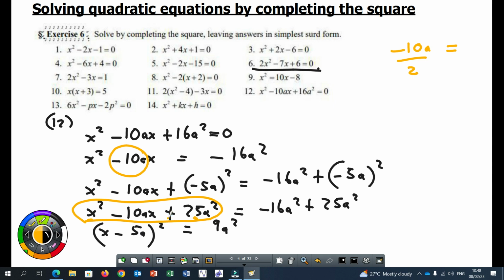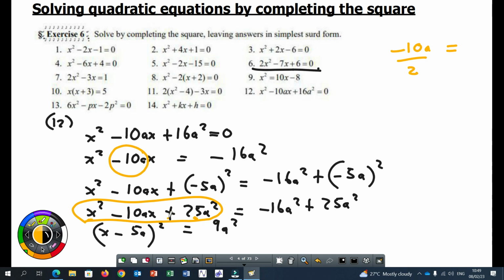The third characteristic: if you find the square root of the first term and the square root of the third term and multiply them, you get a product, which in this case is x times 5a, which is 5ax. Then you multiply it by 2, and you must get the middle term.